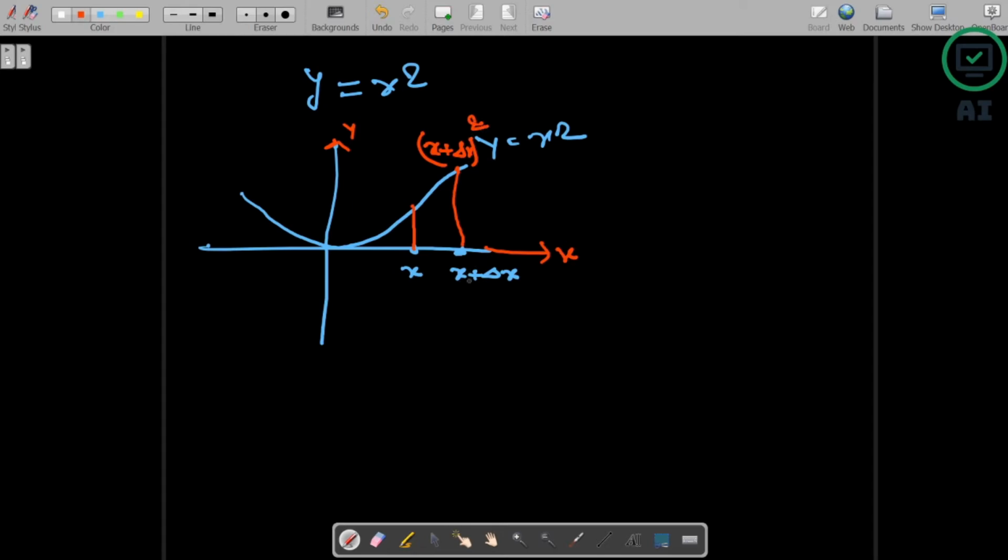So if the value over x is x plus delta x, then the function value will give you x plus delta x whole square. And what is the value for this x? This is nothing but x square. So here it is x square over y, and this is x plus delta x square with respect to the value over x. So what is the slope here?